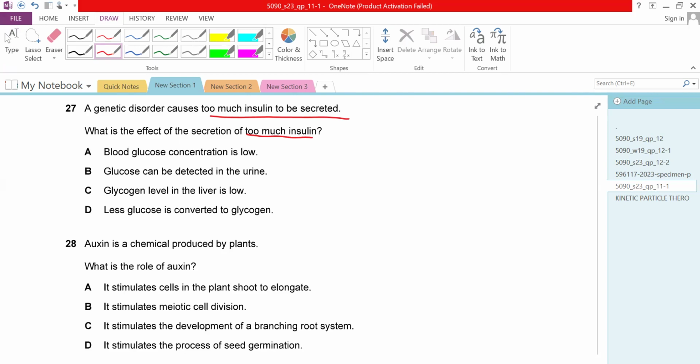Let's read out the options. Blood glucose concentration is low. No. Glucose can be detected in urine. No. Glucose level in the liver is low. No. Less glucose is converted into glycogen.